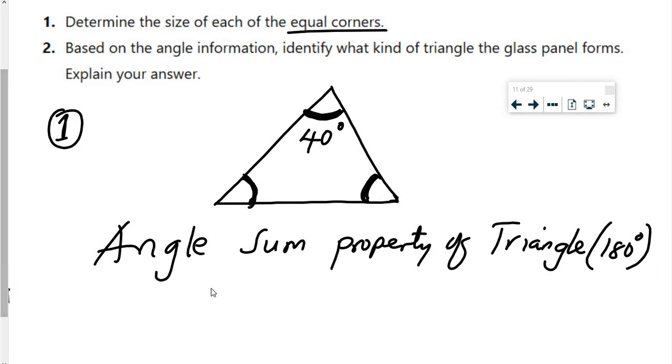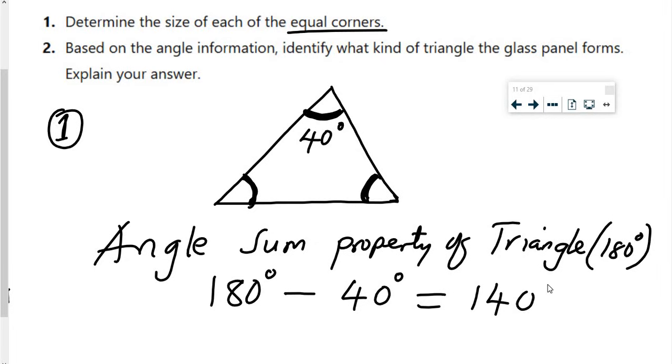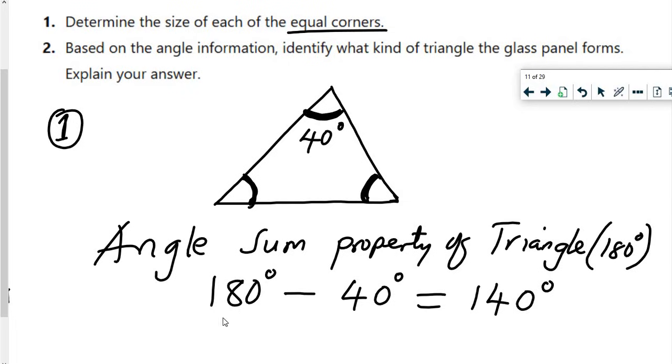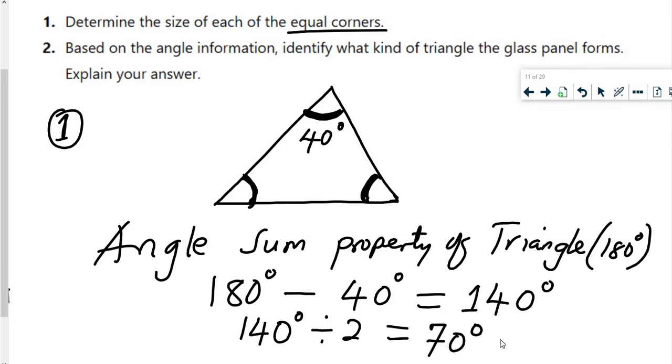Step number 1, take 180 degrees minus 40 degrees. Answer will be 140 degrees. Then, because the two angles are equal, we need to divide 140 by 2. Answer will be 70 degrees. Meaning this angle here will be 70 degrees and this angle will be 70 degrees.